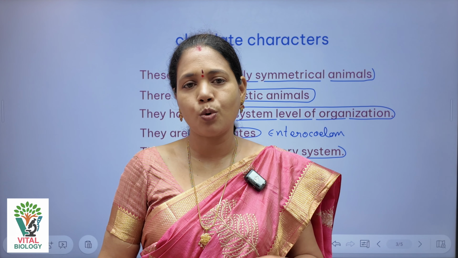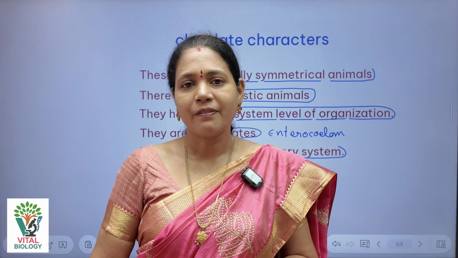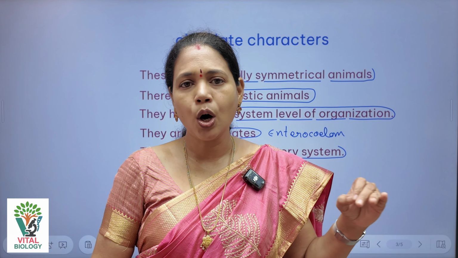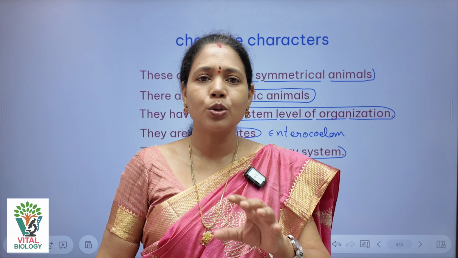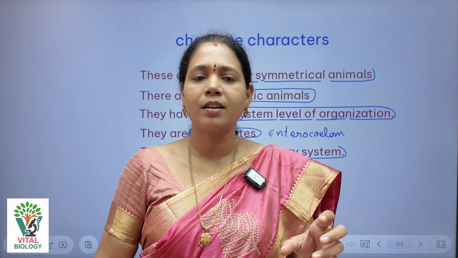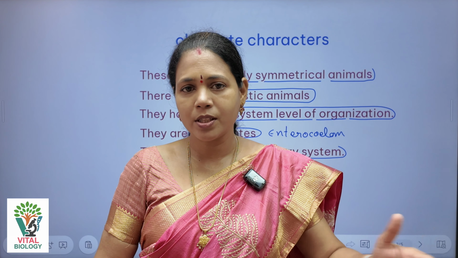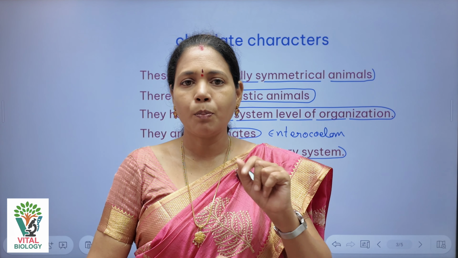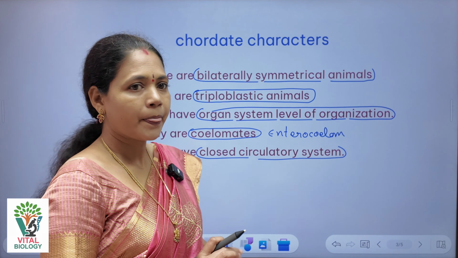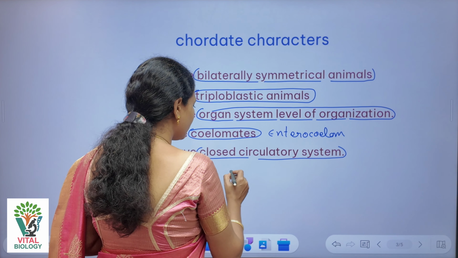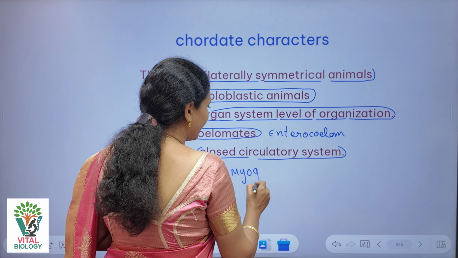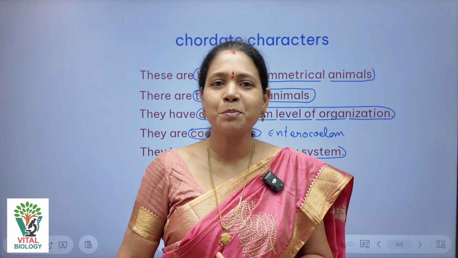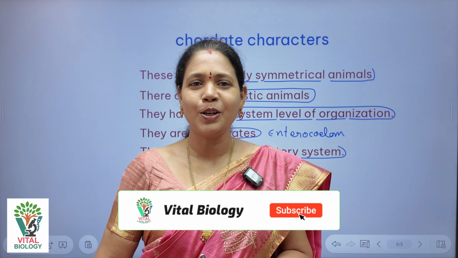In Mollusca also, one class, that is Cephalopoda. Except that one class in Mollusca, all remaining non-chordates have a neurogenic heart, meaning the heart functioning is under the control of the nervous system, neurons. Whereas in non-chordates, that Cephalopoda, and all the chordates, the heart is myogenic. So like this, these are the various fundamental and general characteristic features of chordates.